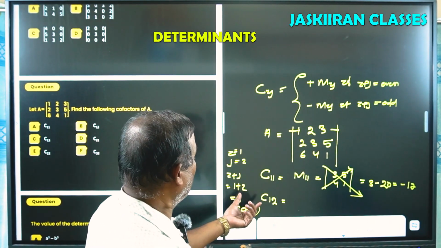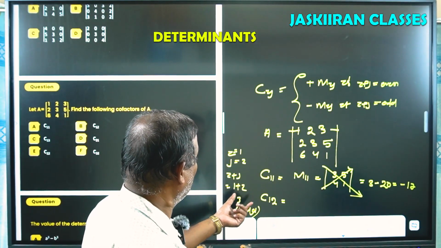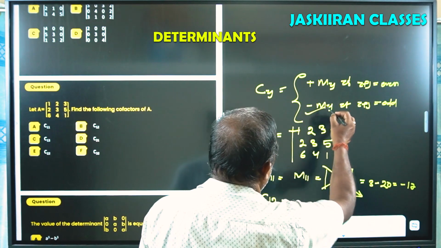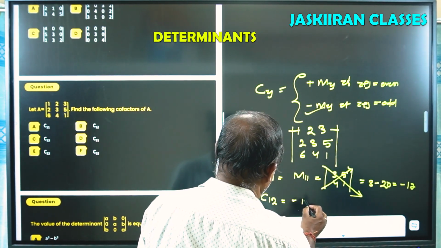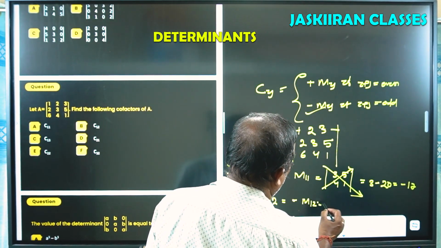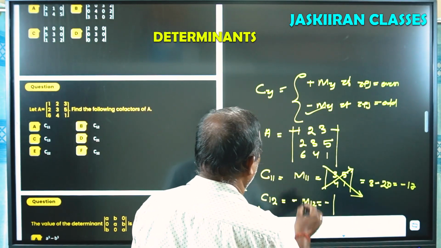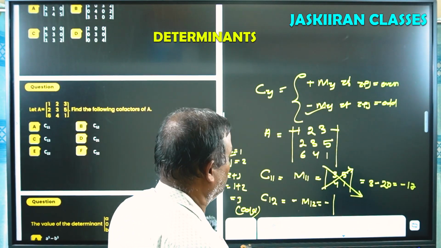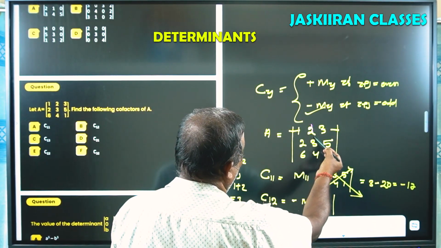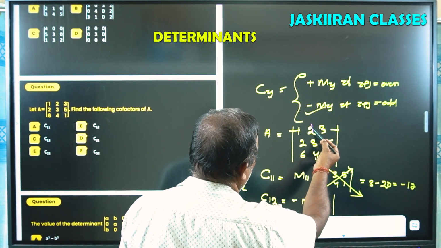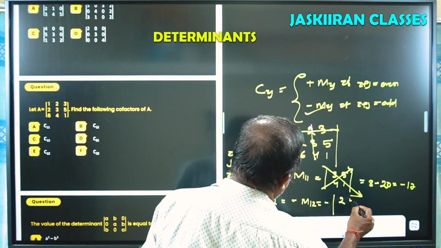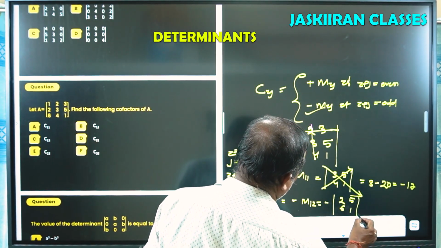So we use the minor M12 with a negative sign. Deleting the first row and second column, that is 2, 8, 6, 5.